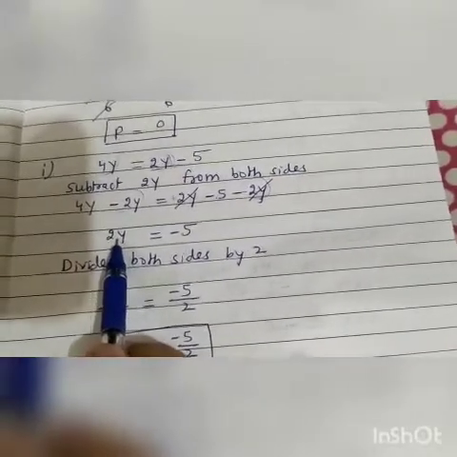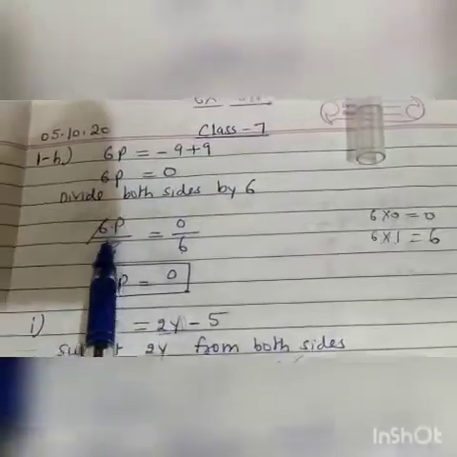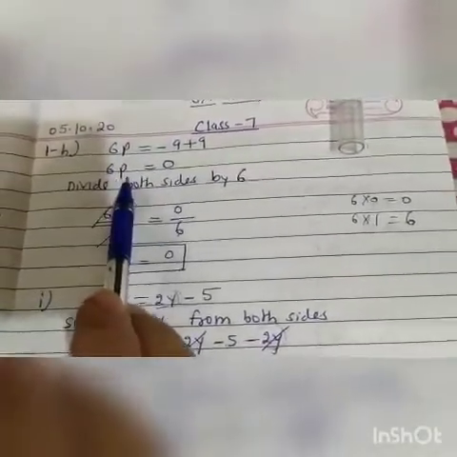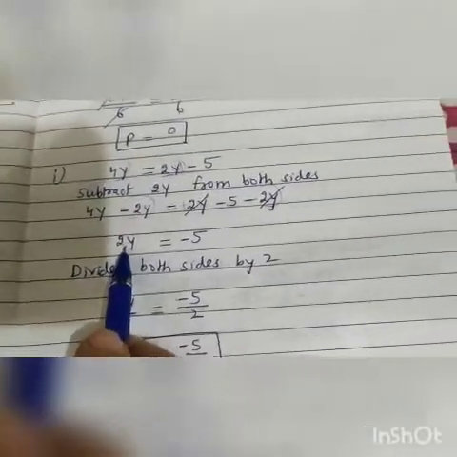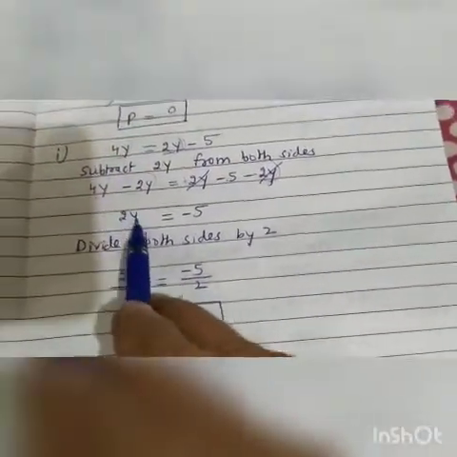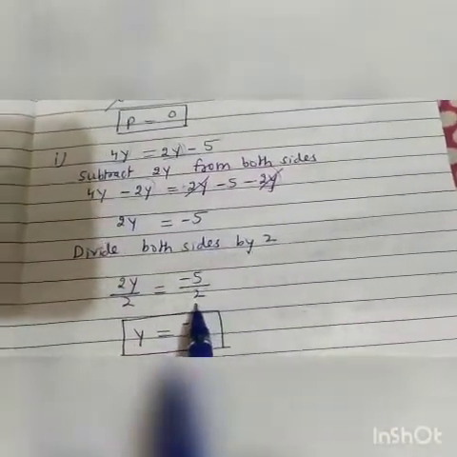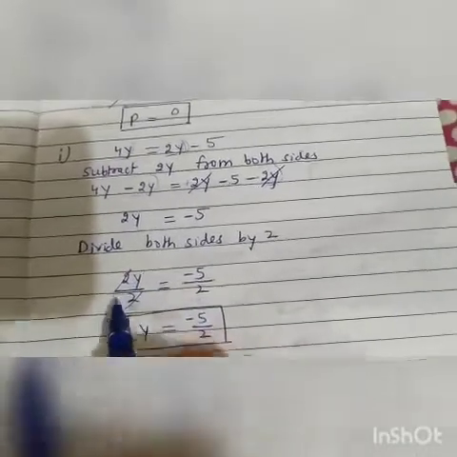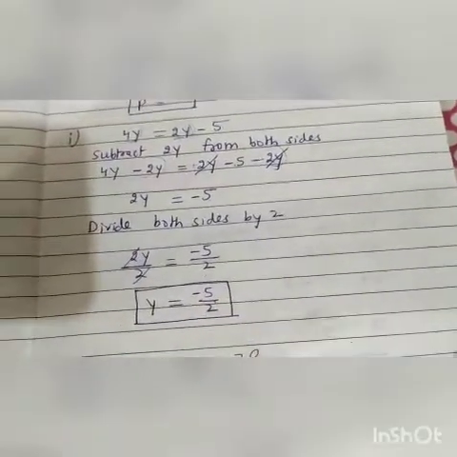And it is again with the multiply sign, as in the previous question 6p. So 2y will be considered as 2 multiply y. So divide both sides by 2. We will write 2y upon 2 equal to -5 upon 2. 2 and 2 cancel, then y is equal to -5 upon 2.